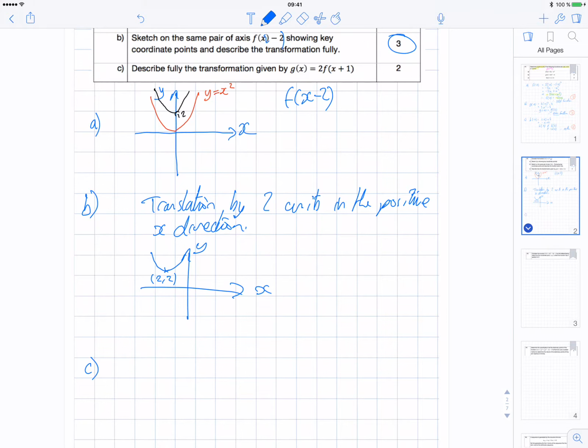Describe fully the translation of g of x, which is 2f of x plus 1, okay?